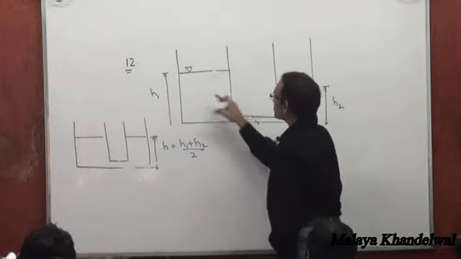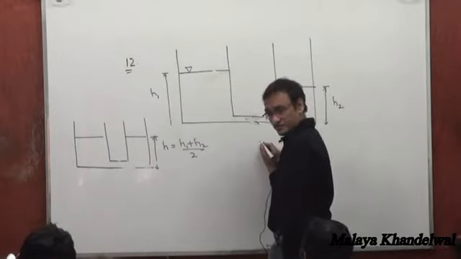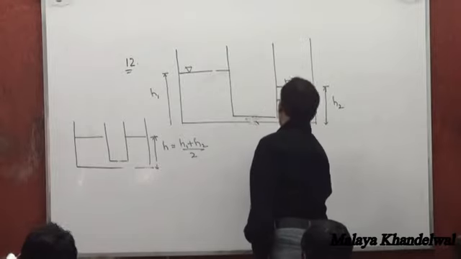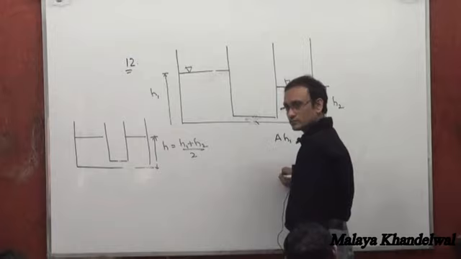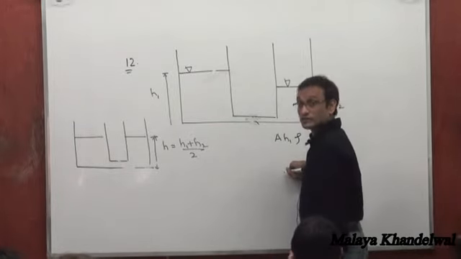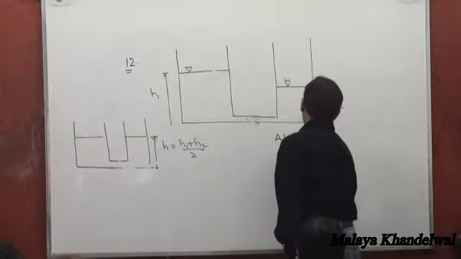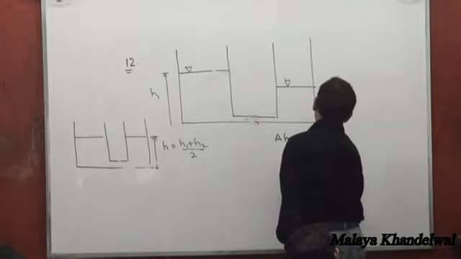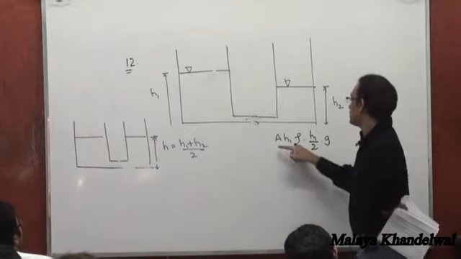So, if A is the area of cross section, then what's the volume of this? A into H1 is the volume of this, into density. That will be the mass, into H1 by 2 into g. That would be the potential energy.